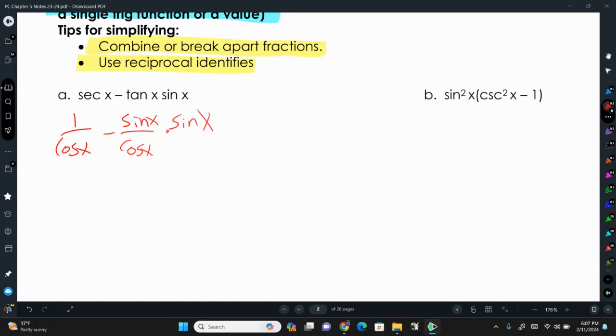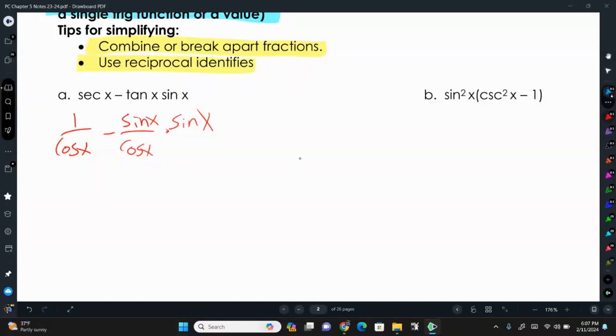Now you might say, well, how did I know to convert secant into 1 over cosine and tangent into sine over cosine? If we can't combine anything, one of the most basic strategies is to change everything to sines or cosines if you're stuck. Well, we didn't really have much to do here. We couldn't factor anything. We couldn't combine like terms. So I decided to switch to sines and cosines.